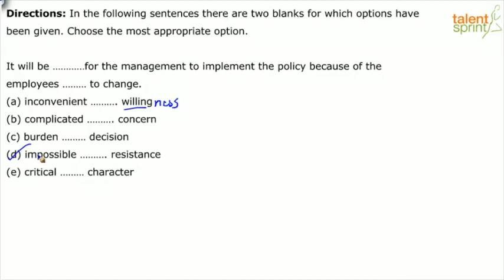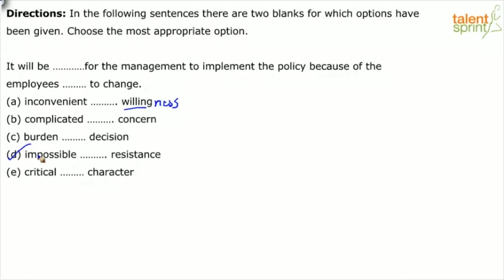So a couple of pointers for you: you also need to understand how a particular word has different forms and how it is applicable in a context, right? For example, some of you who came back and said C, you need to make sure I can't apply burden as it is in this context, which means you need to be aware that there is another form for this word called burdensome, which is the most appropriate word in this context.